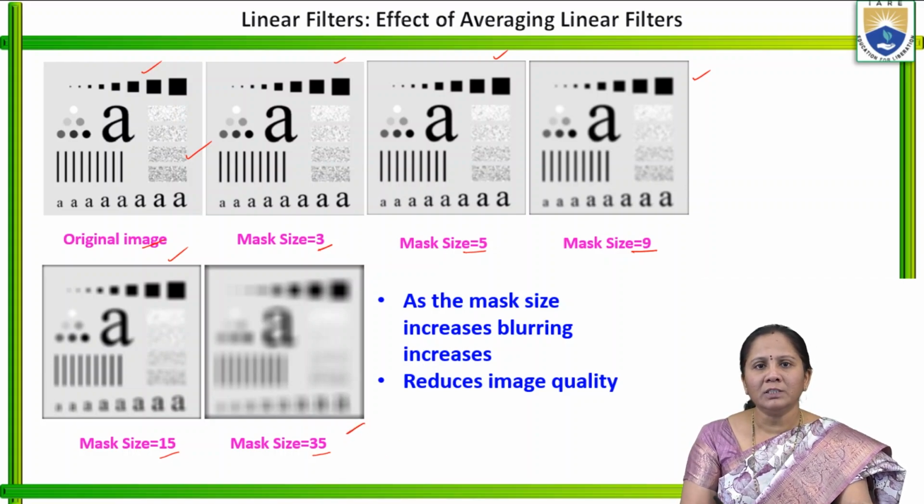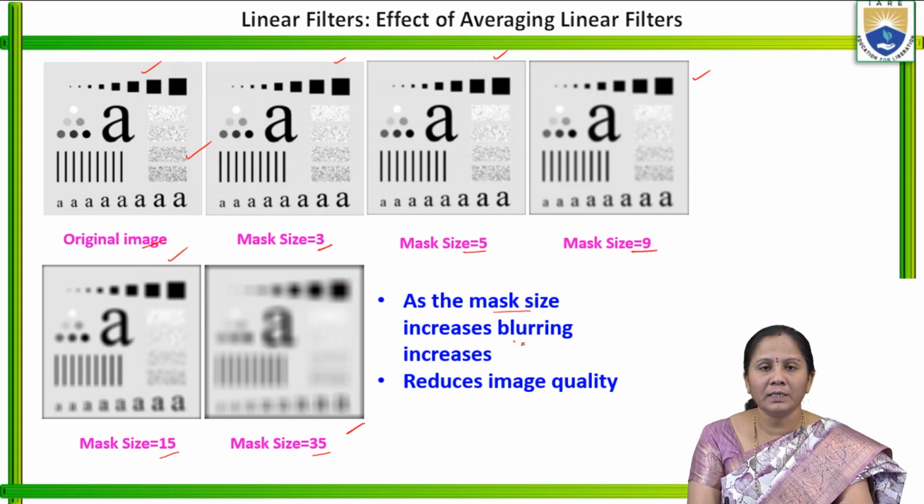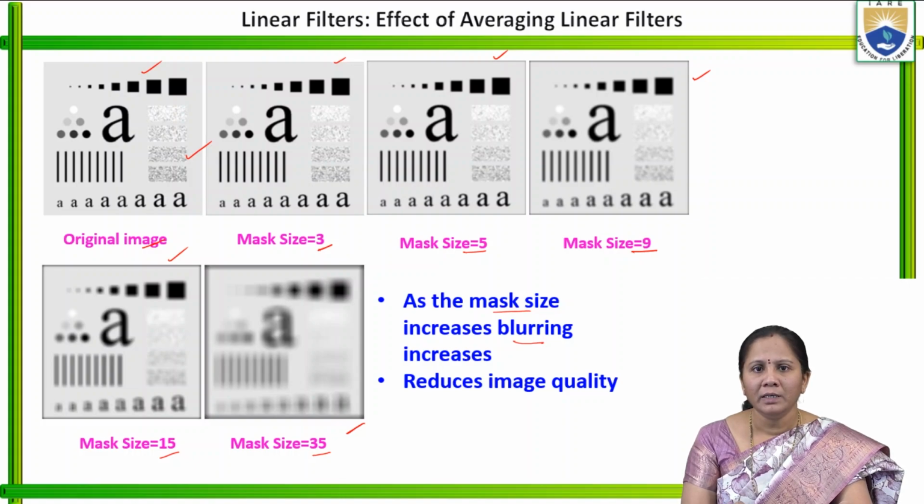So from all these figures, what we can observe, as the size of the mask increases, see here, as the mask size increases, we can observe there is blurring in the image. That means blurring in the image also increases.